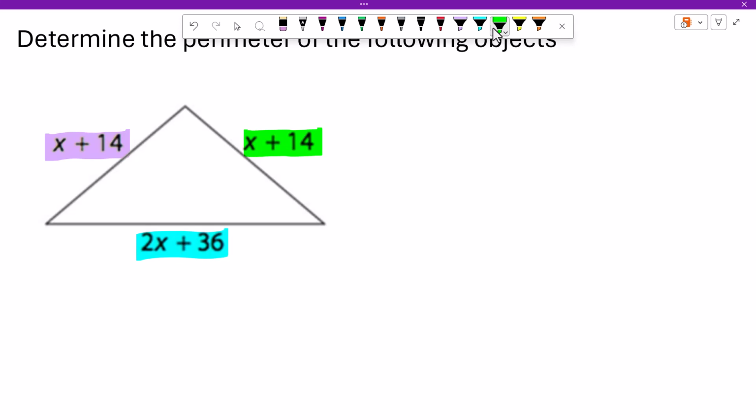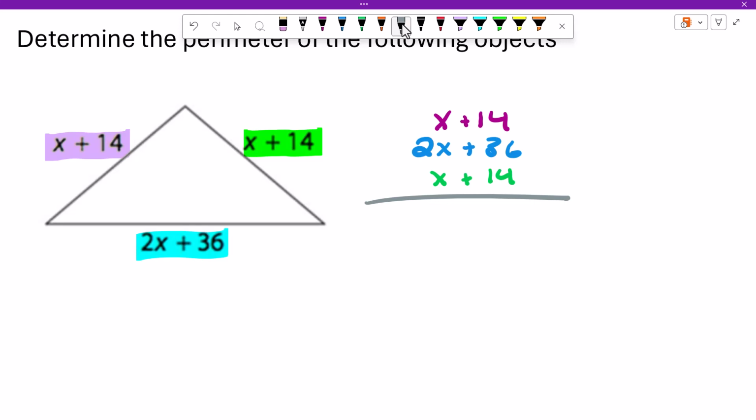We can work horizontally, or we can work vertically. But I think for this, working vertically might be easier. So we have our first side, x plus 14. Our second side, 2x plus 36. And our third side, x plus 14. And we add all these sides together.